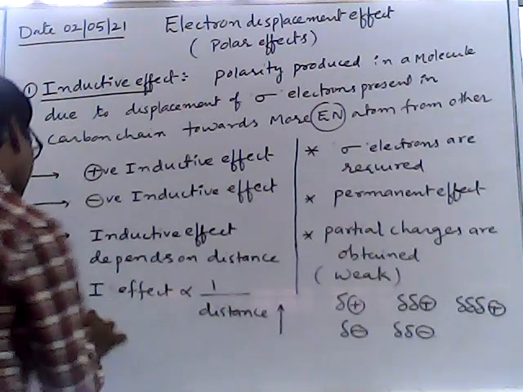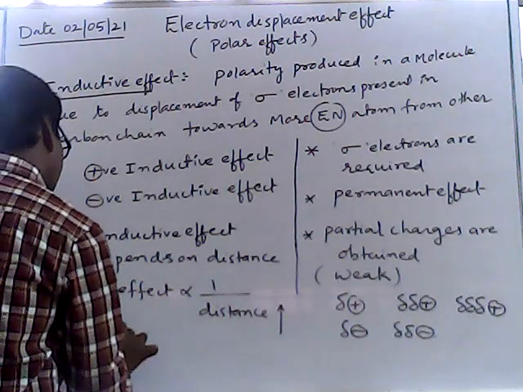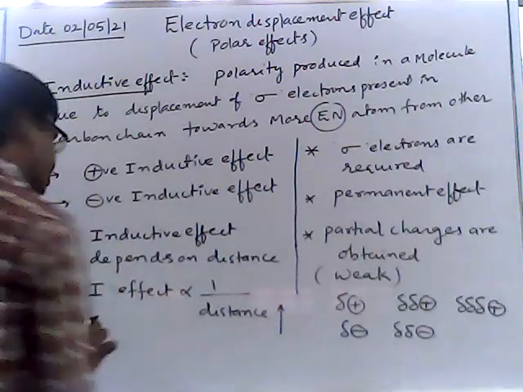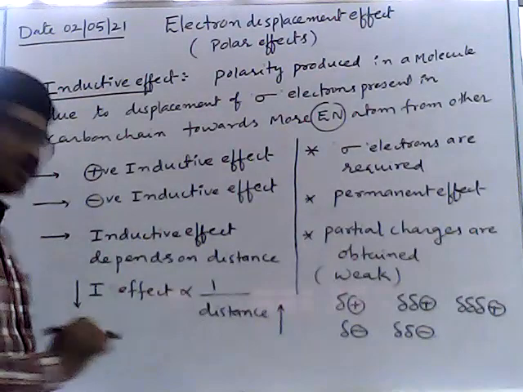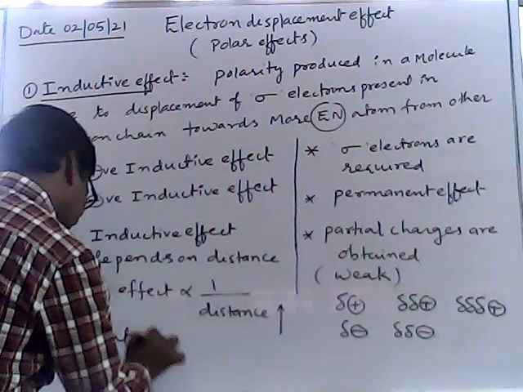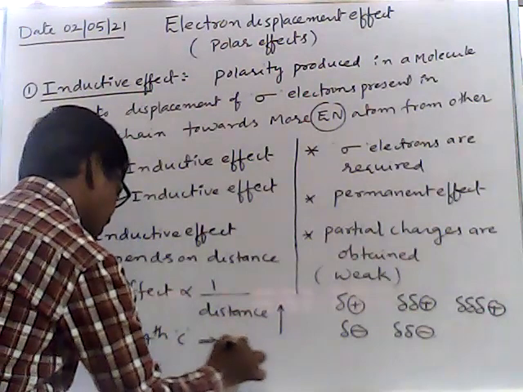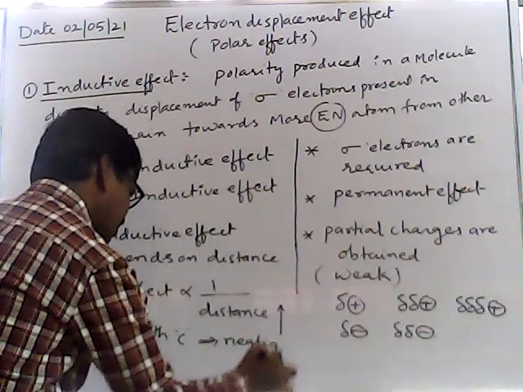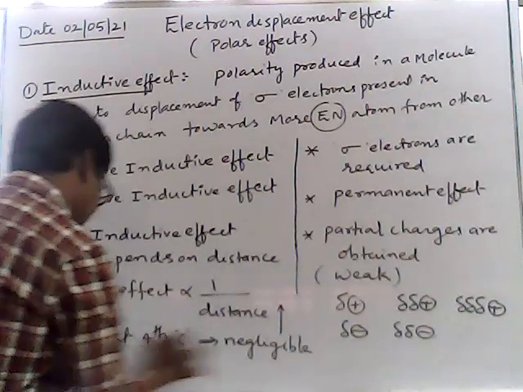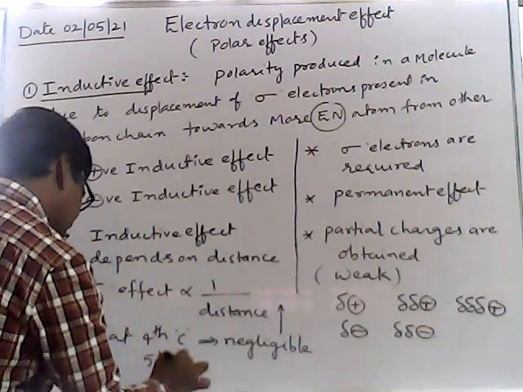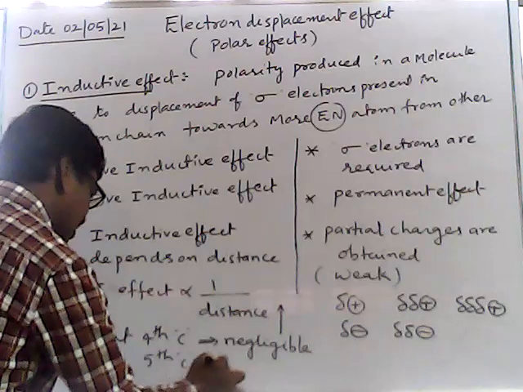Here, this inductive effect is maximum up to the third carbon. At the fourth carbon, it is negligible. At the fifth carbon, almost it is zero. At the fifth carbon, the inductive effect is zero.